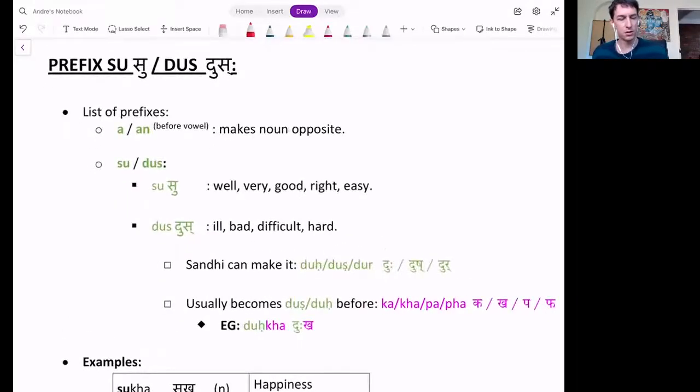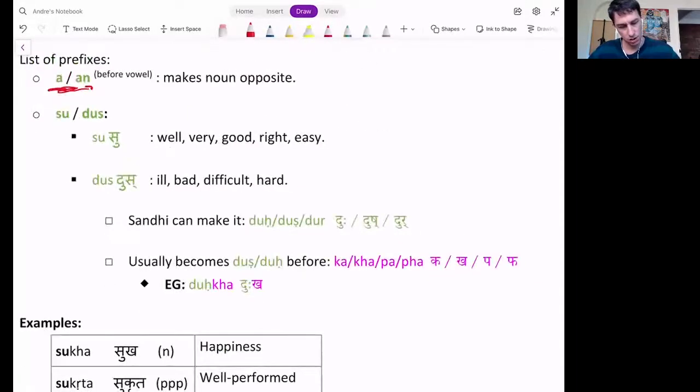So far, we have learned to attach a or an to negate a word. Atma, or if it's a vowel, then you put an: anatma, self and not self. The other ones we can do are su and dus.